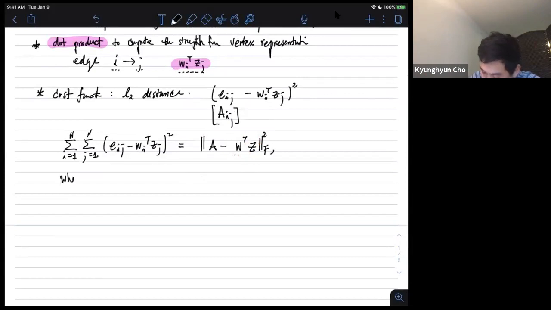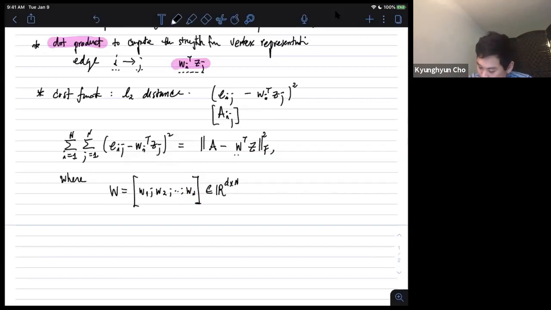W is going to be w1, w2, all the way to wn. It's a matrix where we concatenated all these w column vectors, and there are n many of them, so it is R^(d by n).